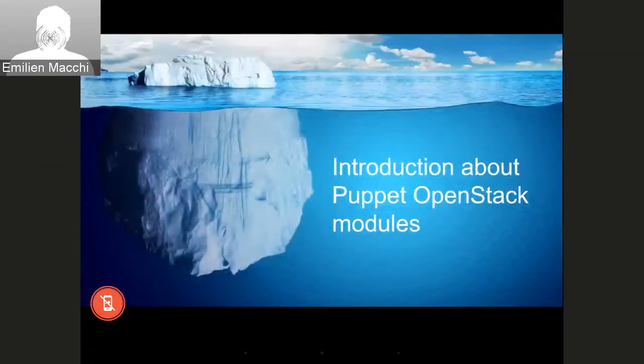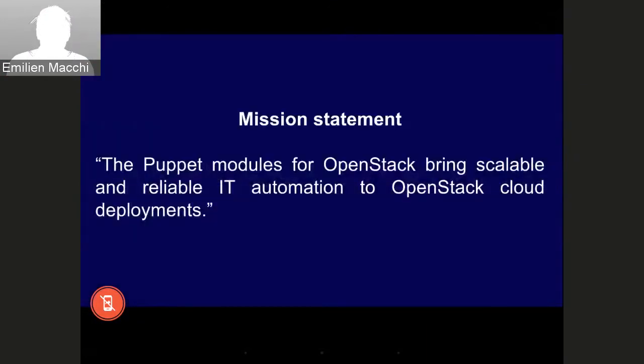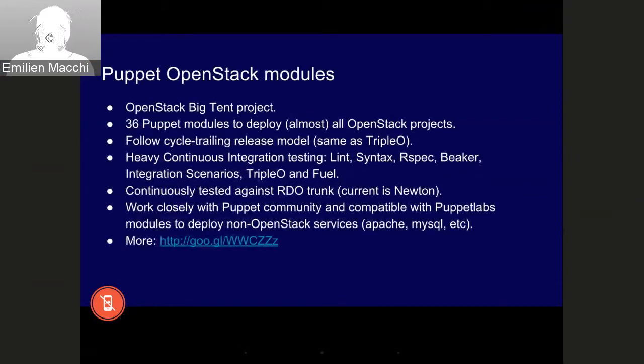Okay, so let's make an introduction about the Puppet modules. The mission statement is actually very straightforward. We try to bring scalable and reliable IT automation to OpenStack cloud deployments. What it means is that we have actually 36 Puppet modules to deploy almost all the OpenStack projects.